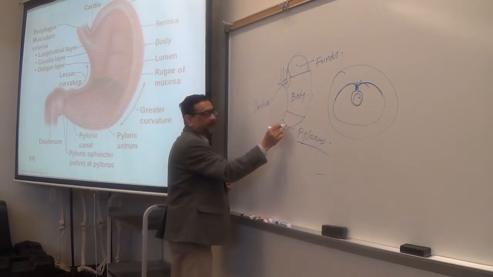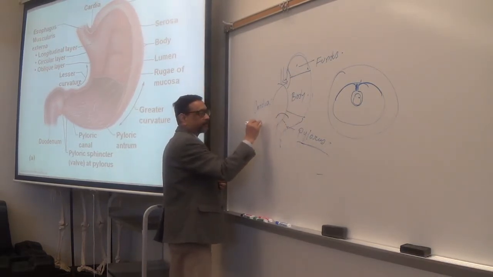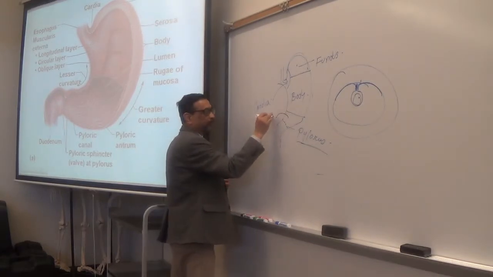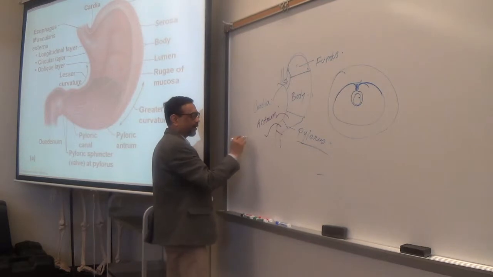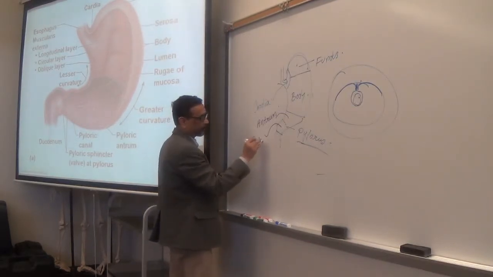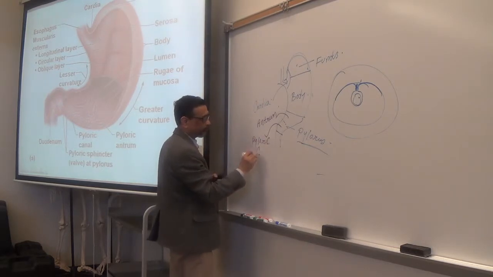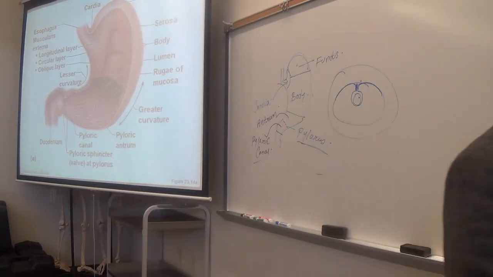This first portion, which is wider, is called the antrum, and this last narrow part is called the pyloric canal. Okay, so those are the parts of the stomach.